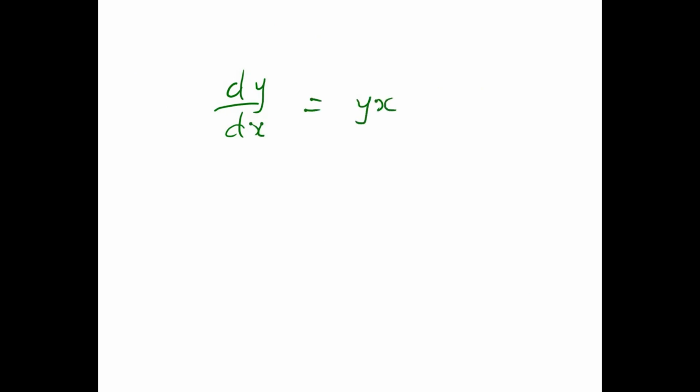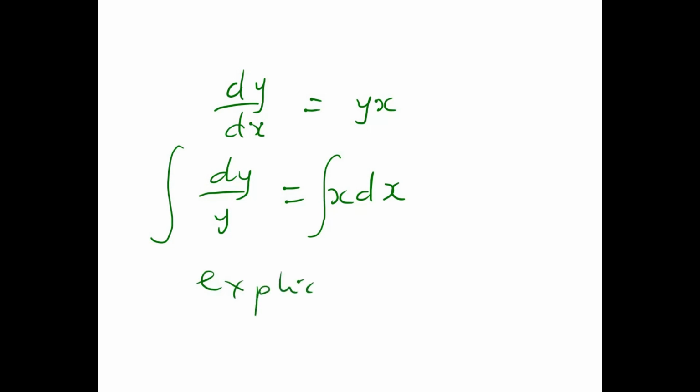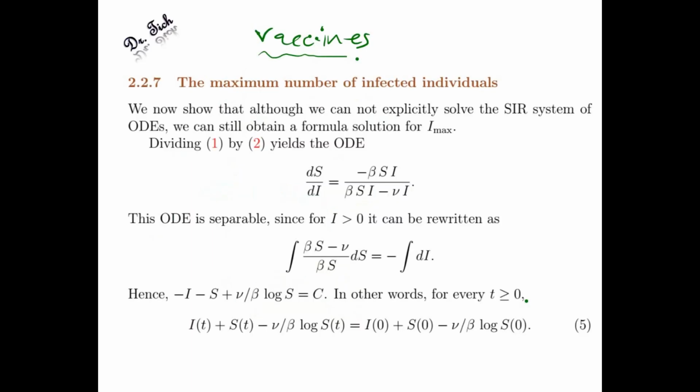You can actually solve this differential equation by separating variables, isn't it? dy over y is equal to x dx, and then you integrate both sides. So this is explicitly solving.